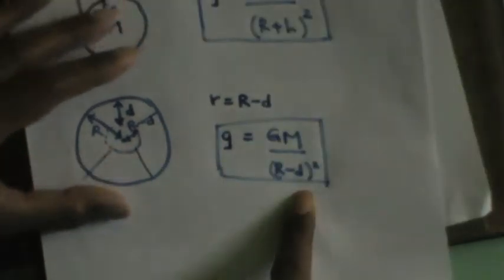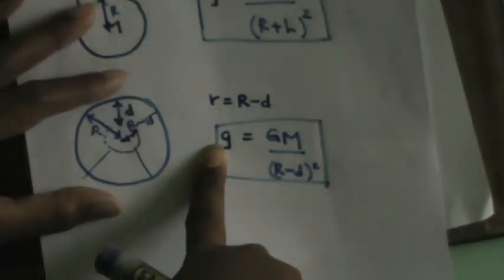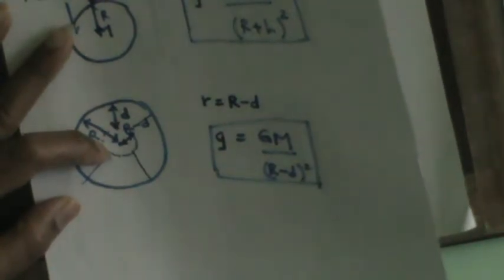So at d maximum, you will experience the maximum value of g, and at d minimum, you will experience the minimum value of g. That is how the value of g changes when an object is inside another object and the distance is changed, keeping the mass and the density of the large object constant.